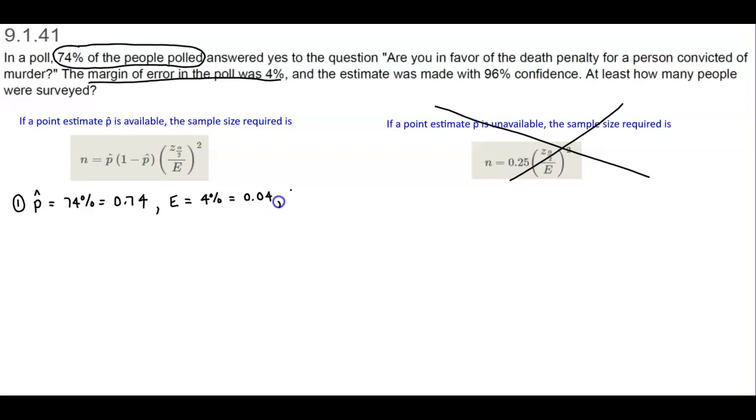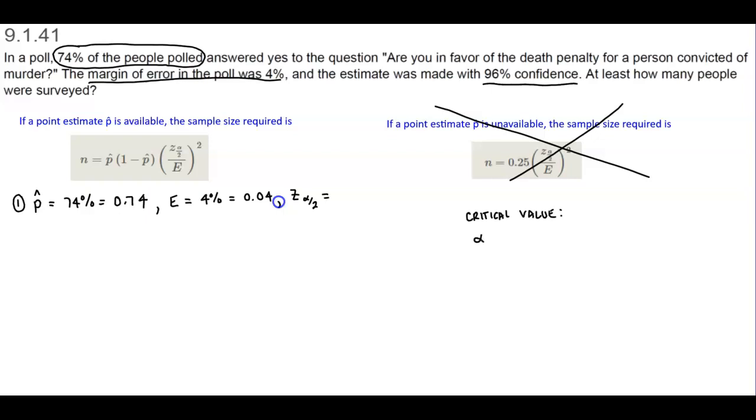Okay, now the next thing that we need is the critical value. So what is the critical value? In order to find the critical value, which is a z-score, we know that it's a 96% confidence.